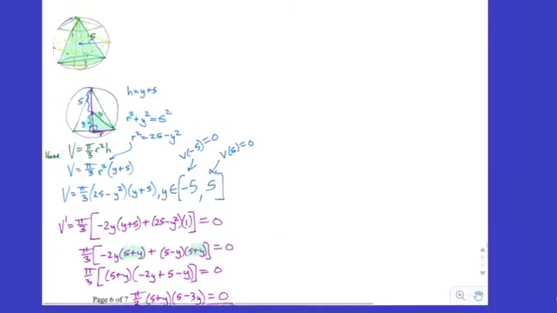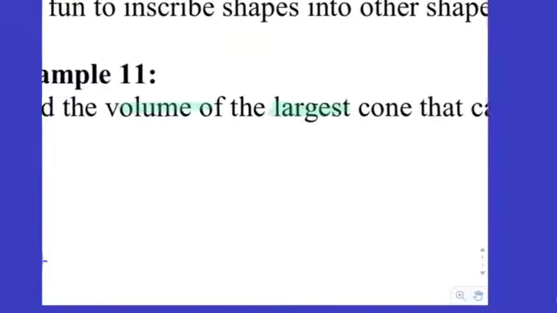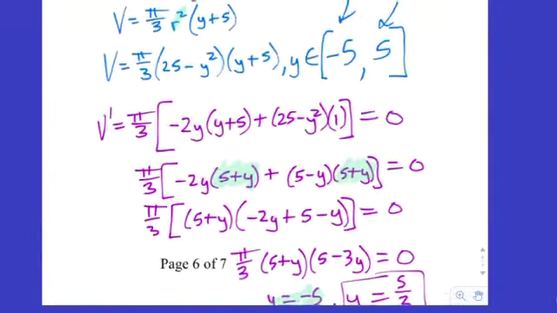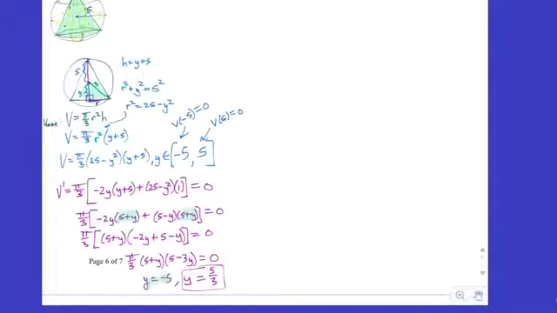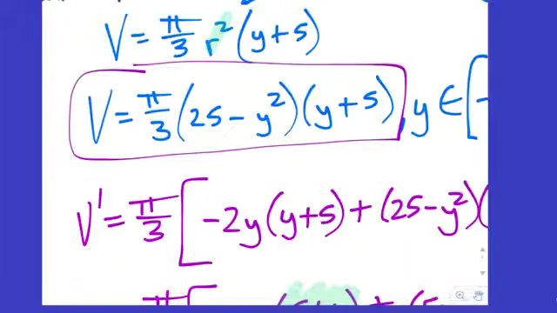Now we do need to answer the question. We are after the volume of the largest cone. The volume. So if you want, you could find the height and then plug it back into the original Pythagorean r squared h. But remember, right here, before we took the derivative, there's the entire volume now in terms of our optimal value that we found.